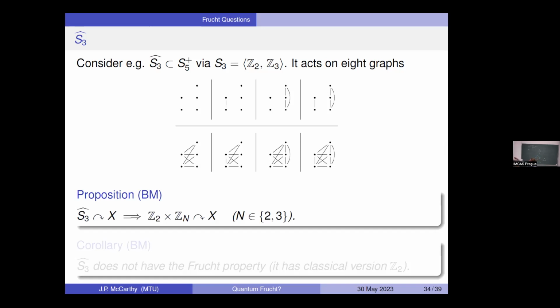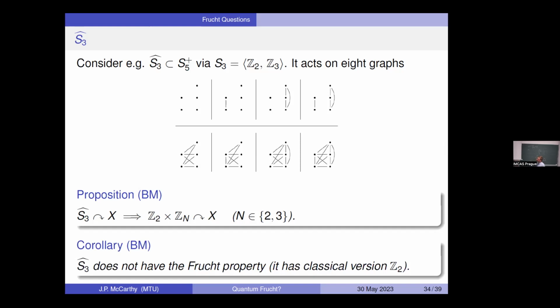Now you don't actually need a Z3 to generate this. You could have two types of Z2s or three types of Z2s, but the intersections are all trivial. So if there are three types of Z2 occurring, you can get a Z2 direct sum Z2 direct sum Z2. At the very least, you will have a Z2 cross a Zn acting. You need either a 2 or a 3 in there. So when this acts, you get lots of symmetries because it has big orbitals.